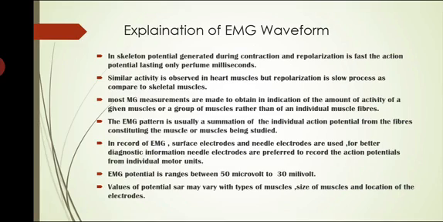For better diagnostic information, needle electrodes are preferred to record the action potentials from individual motor units. EMG potentials range between 50 microvolts to 30 millivolts. Values of potential may vary with the type and size of muscles or the location of the electrodes.